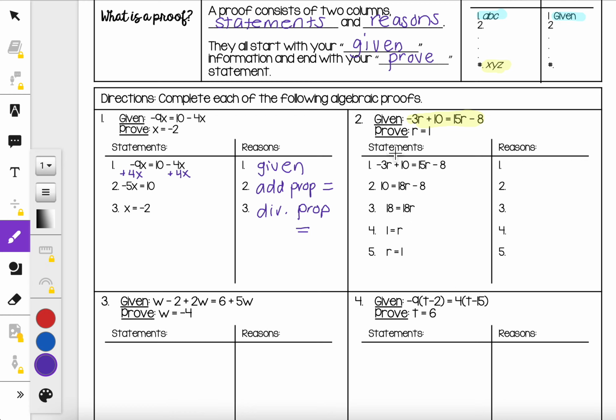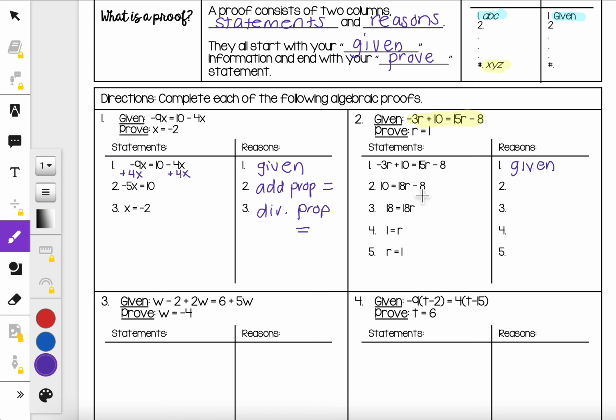You want to look at this work, see what happened from each step, and use the reason to justify that, even if you would solve it a little bit differently. So here, we rewrote our given, so our reason is given.